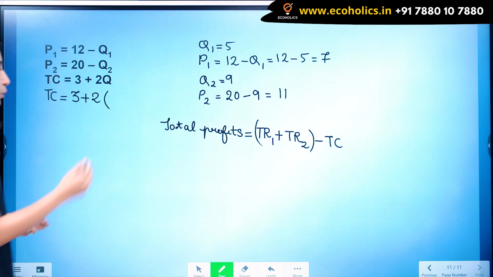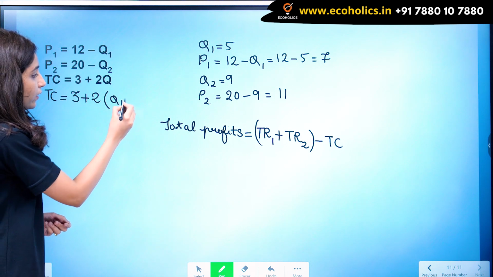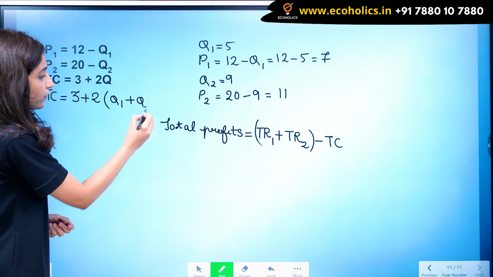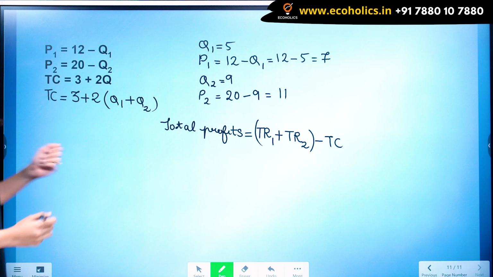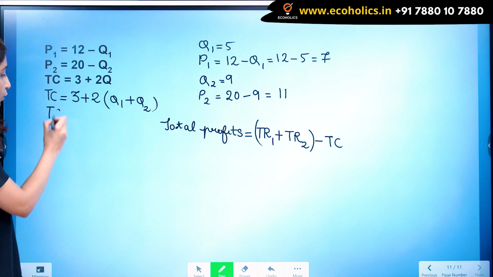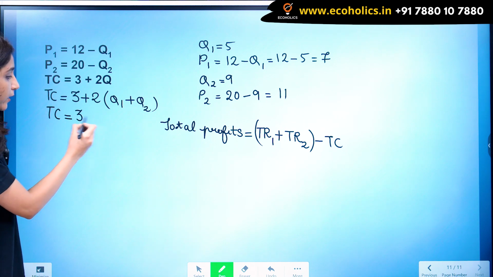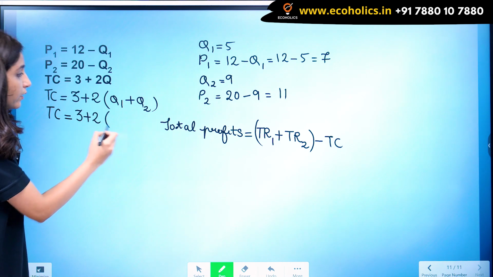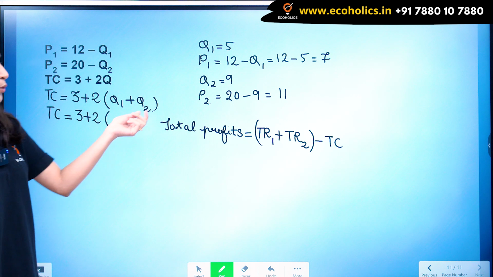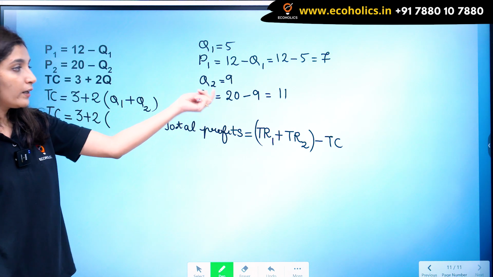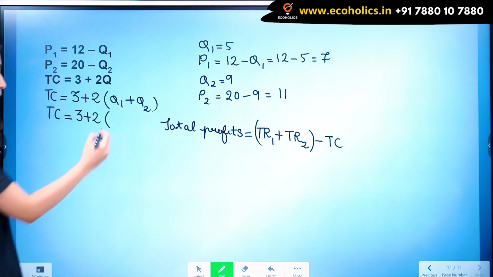So, we can write Q as Q1 plus Q2. Therefore, our total cost will be equal to 3 plus 2 times Q1 plus Q2, that is 5 plus 9, which is 14.